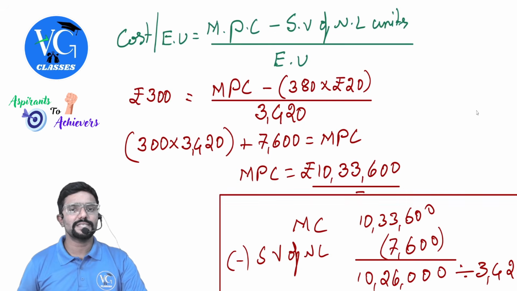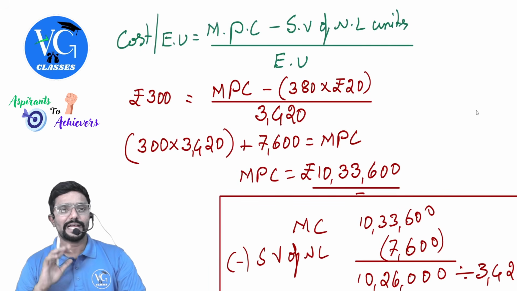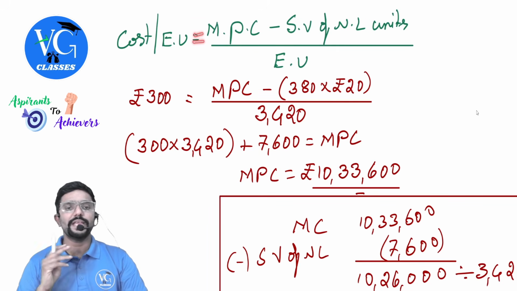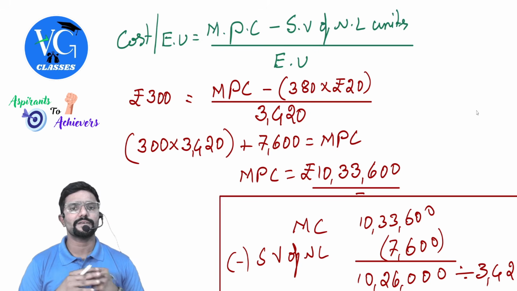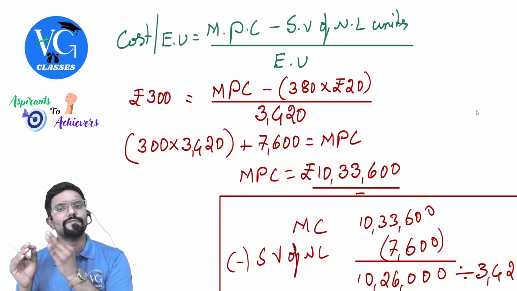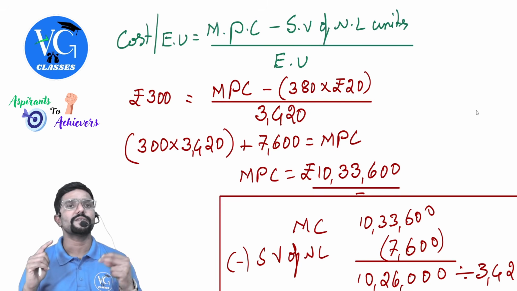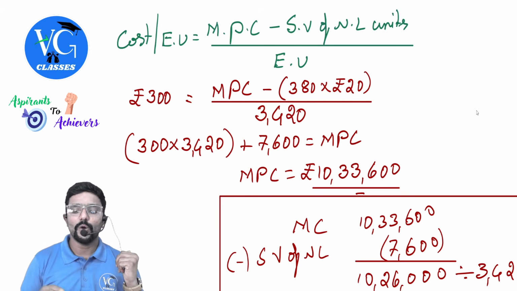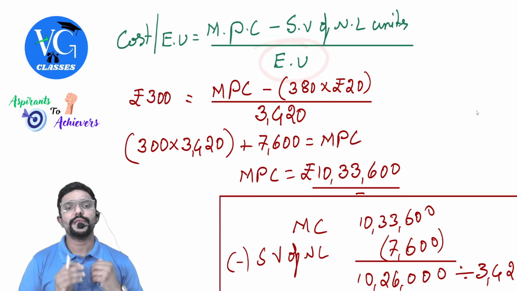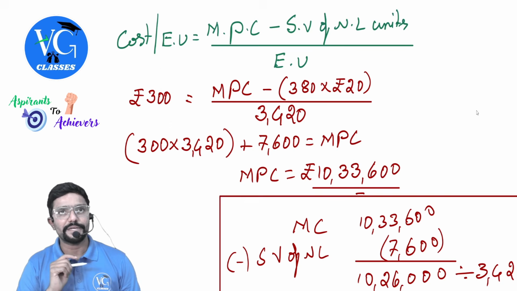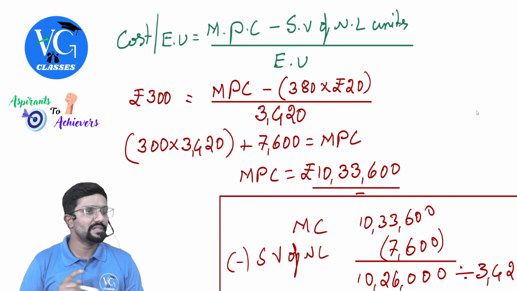Now there is another way also, sir. How did they get it? They have just done the reverse calculation, guys. I will show you here. Cost per equivalent unit, how do you get it? We have an equation for it. Take the material purchase cost, or just material cost, minus scrap value of normal loss units, and divide it by equivalent units. You will always reduce the scrap value of normal loss units from the material cost. What do you get? Material cost per equivalent unit, which is already given in the question: 300.